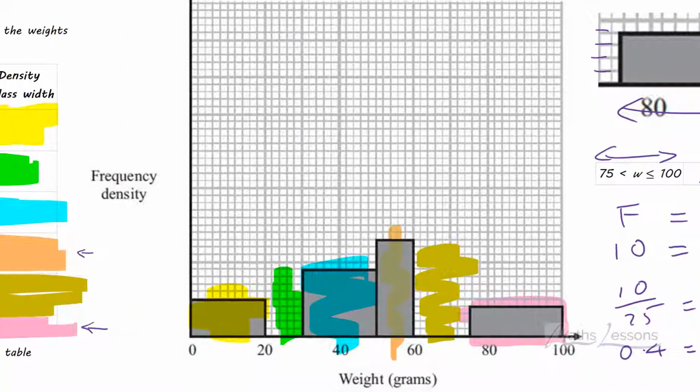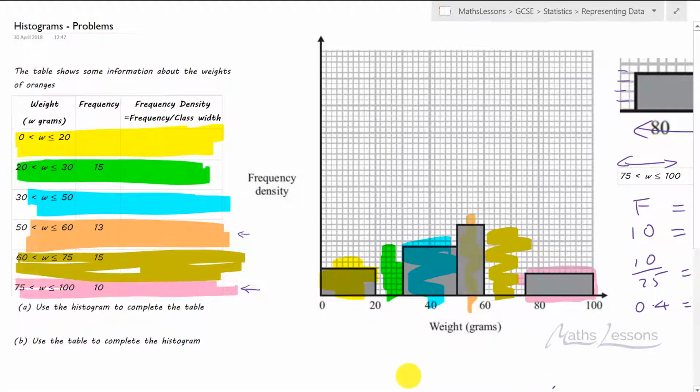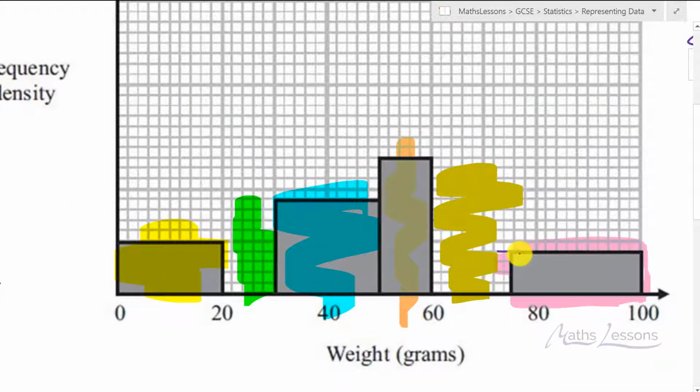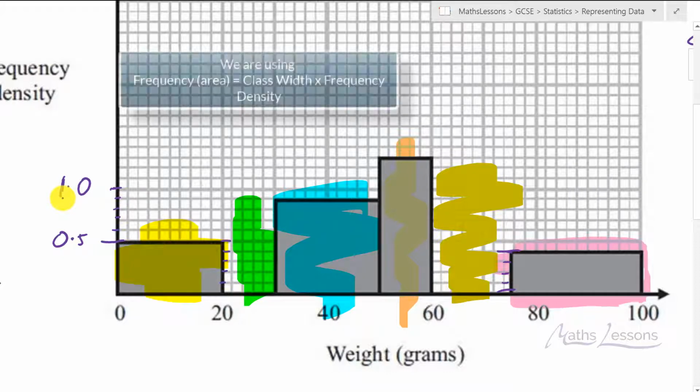Let's go back to our table and our graph. So we now know that this here is 1, 2, 3, 0.4 high. So this is 1, 2, 3, 4, 5. So that point there is going to be 0.5. And we can now fill in the scale. And I suggest you always do this. Sometimes they'll have a frequency density scale that wouldn't necessarily be the same as this.